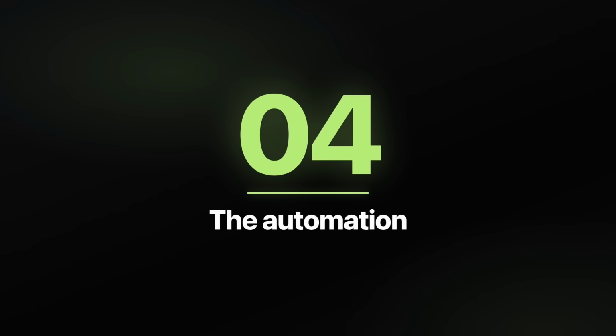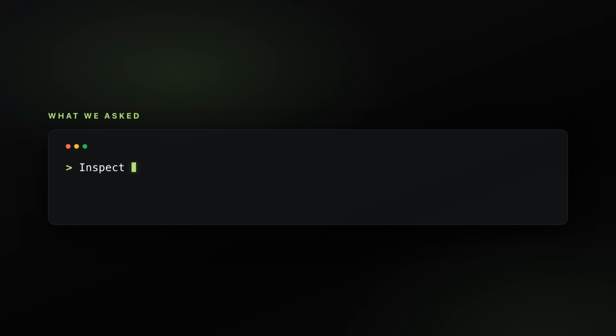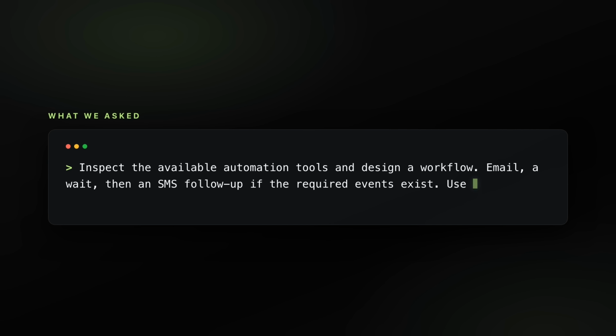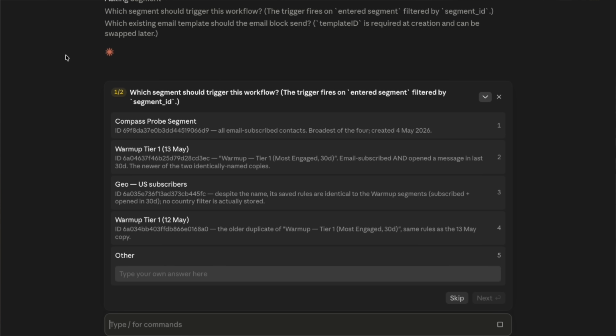So round 4, automations. So we're going to ask Claude, inspect the available automation tools and design a workflow. Email, await, then an SMS follow-up if the required events exist. Use an existing segment and don't invent anything. And the first thing that it does is come back with questions rather than just guessing.